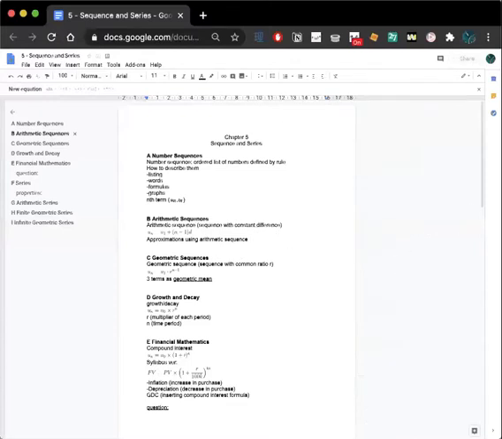Okay, so in geometric sequence, there's an interesting property that you can see. This happens when you have three consecutive terms next to each other. Let's just say this is A and B and C. If you have this, B over A can equal C over B because of the nature of its ratio.